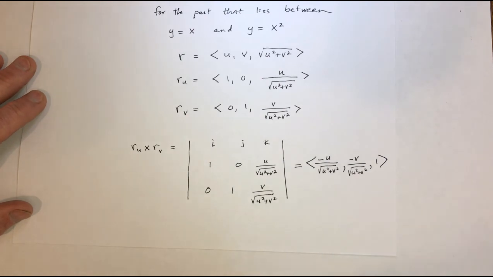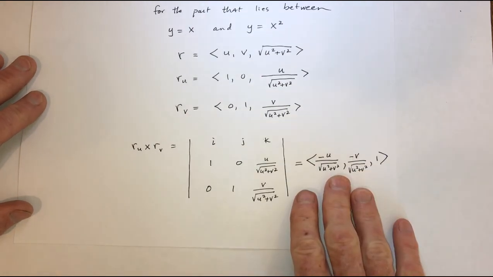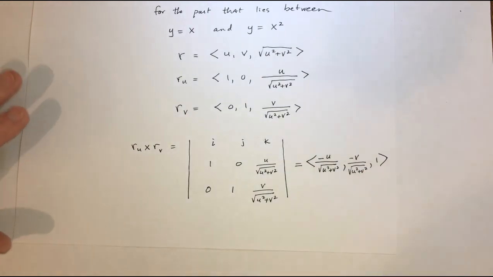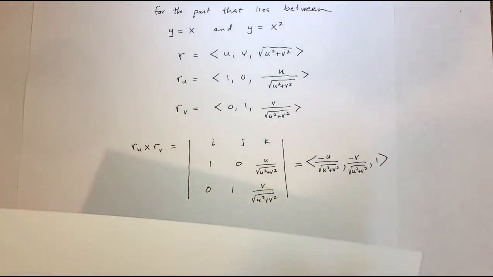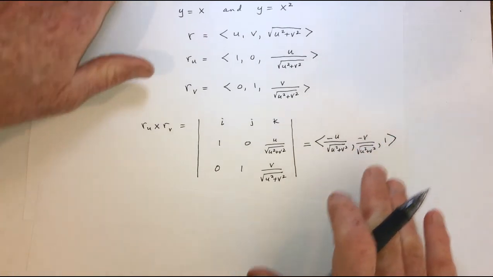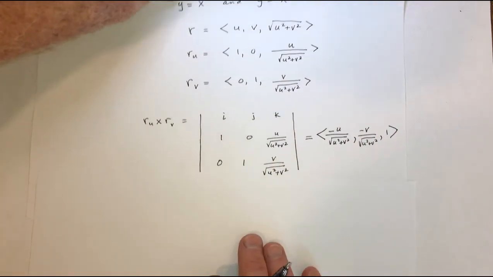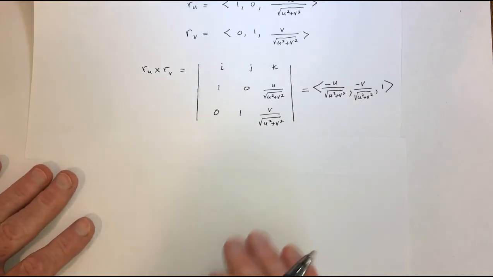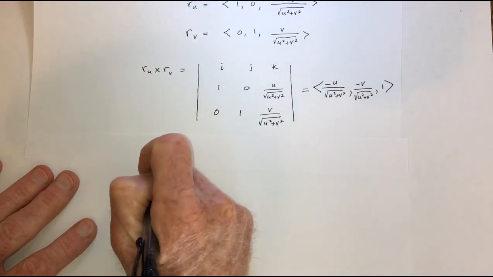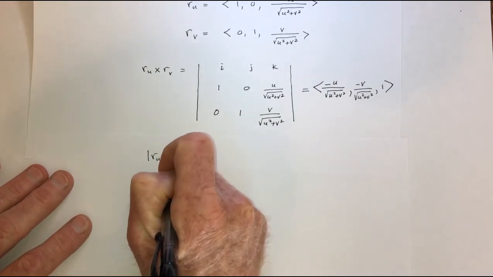Okay, now find the length of this vector right here. It looks like it's going to be a mess, but it actually turns out to be pretty nice. So find the length of RU cross RV.